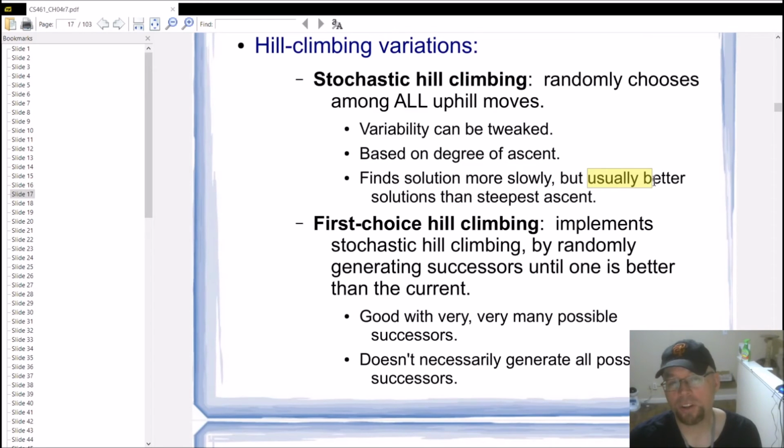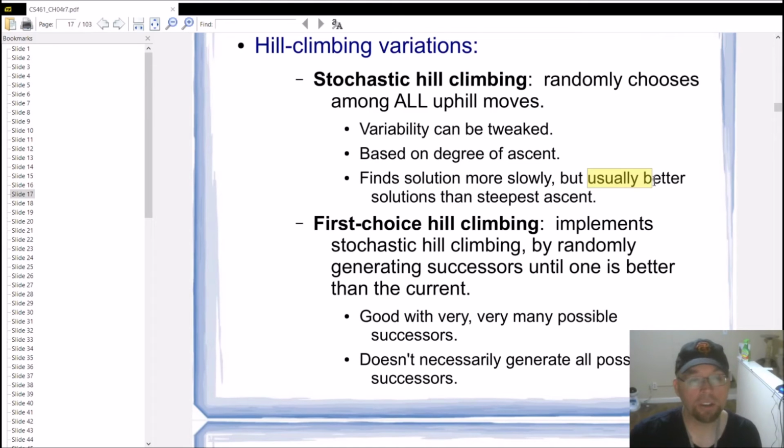I mean, you still could, but you could have a path that right now seems less valuable, right? A successor node that seems less valuable. But if you choose it, the following node is more valuable than anything you could have had earlier. Hopefully that makes sense. Okay.